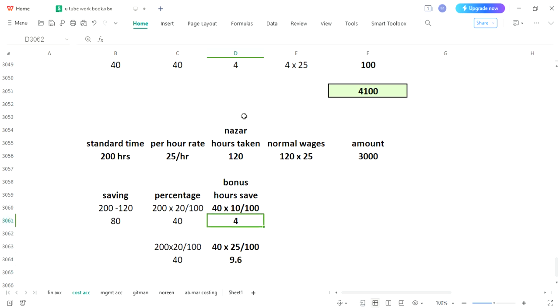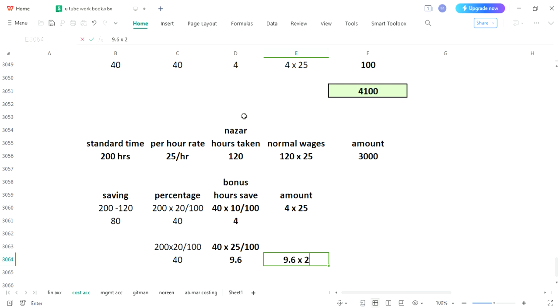Okay, so the next step is to calculate the amount of bonus. And how will you calculate? Hours multiplied by per hour rate. This way you can calculate. So hours 4 would be multiplied by 25, and the second stage is saying hours 9.6, which would be multiplied by 25 per hour.